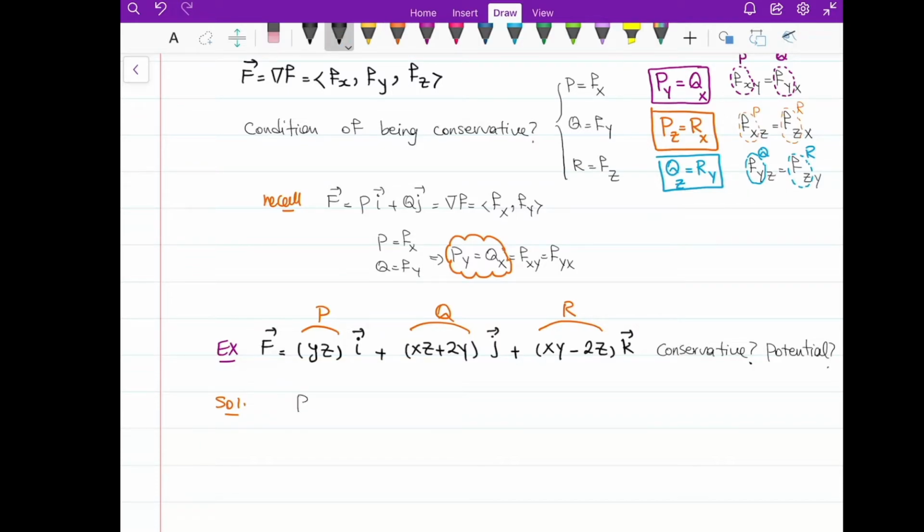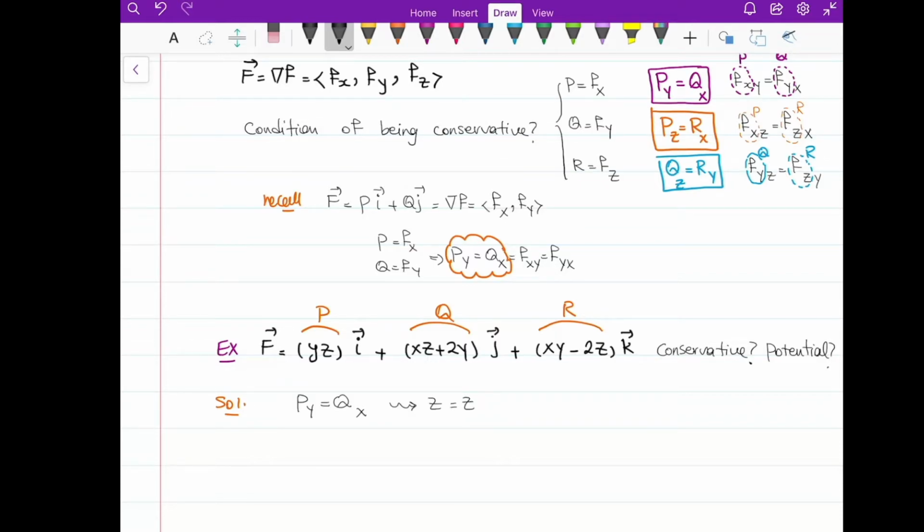Okay. So I know that P with respect to y should be equal to Q with respect to x. Let's check. What is P with respect to y? The partial derivative of P with respect to y is just z. The partial derivative of Q with respect to x is just z. So these two are equal to each other, so we're good.